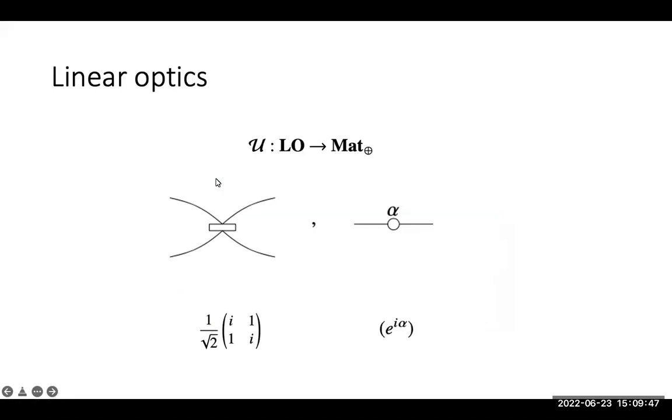You can interpret the beam splitter as a 2x2 matrix. Here each wire gets sent to dimension 1, so a component that goes from 2 wires to 2 wires is going to be a 2x2 matrix, and the phase shift, which goes from 1 to 1, is going to be a 1x1 matrix.